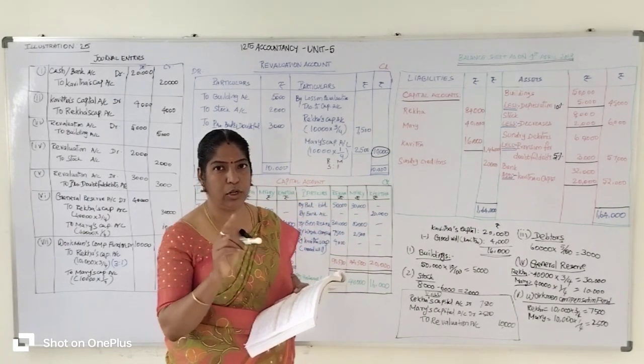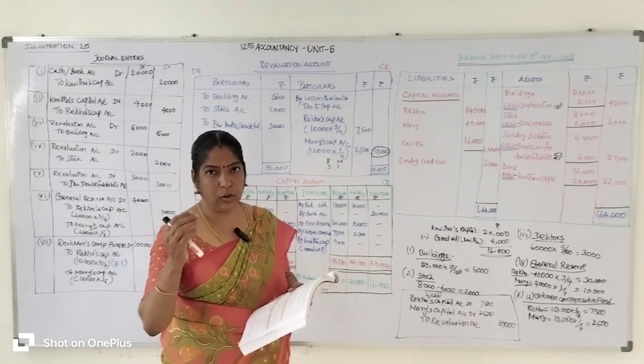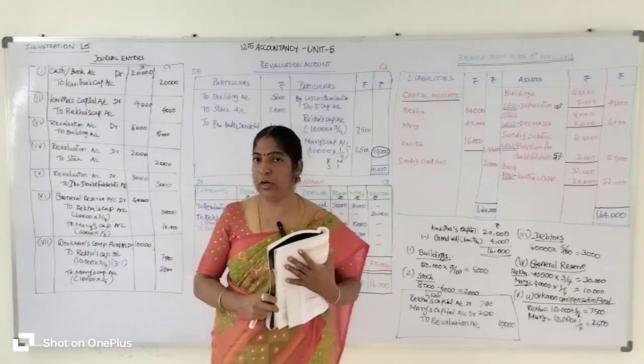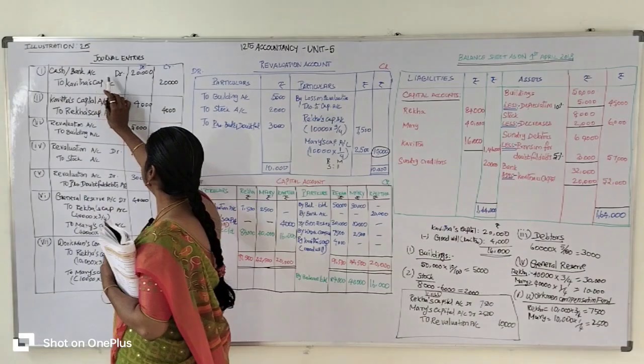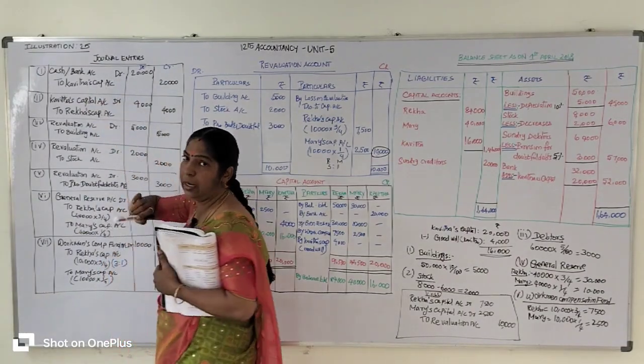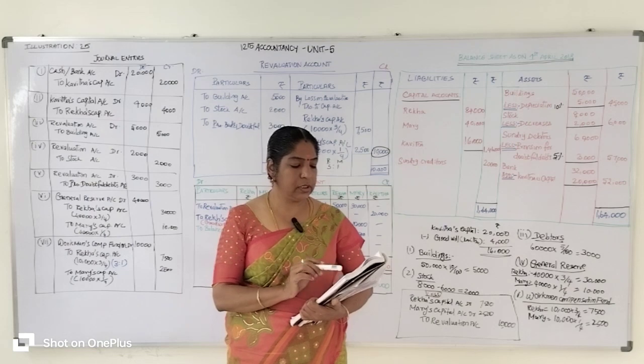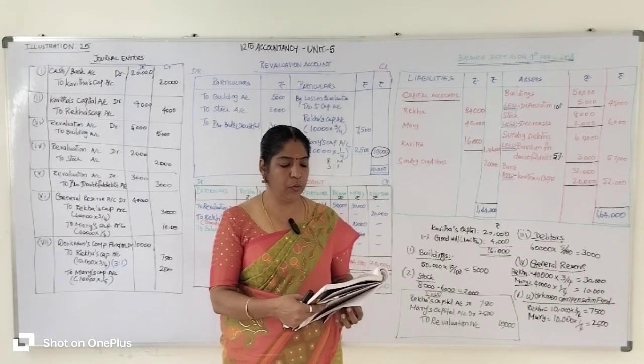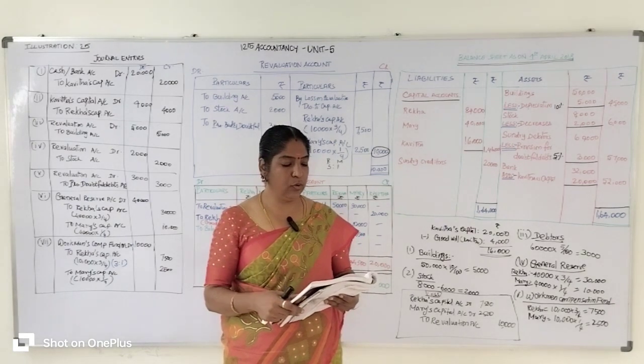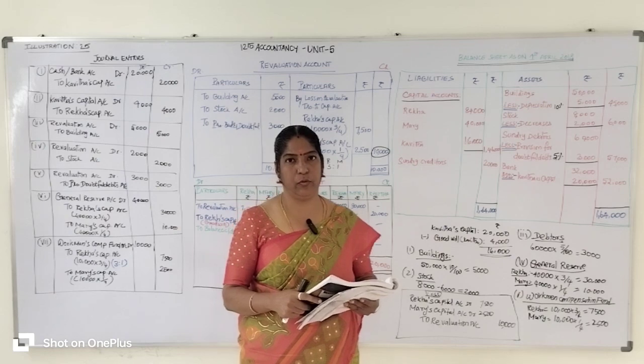Kavita has to bring 20,000 rupees capital, so cash comes into the business. What is the journal entry? Cash or bank account debit to Kavita's capital account 20,000 rupees. Right? Then her share of goodwill is valued at 4,000 rupees. She could not bring cash towards goodwill.